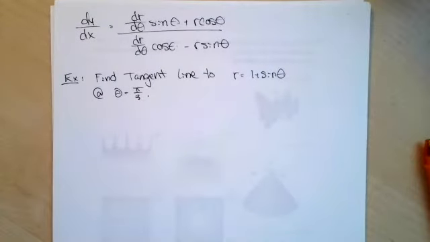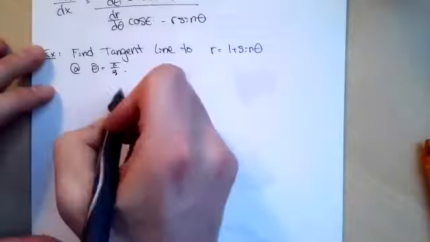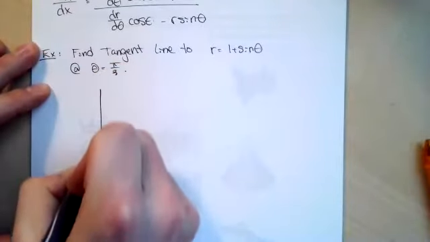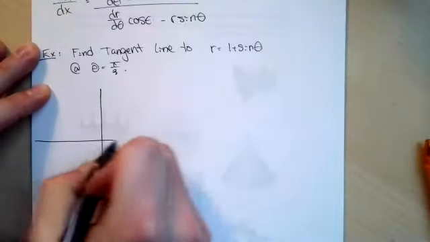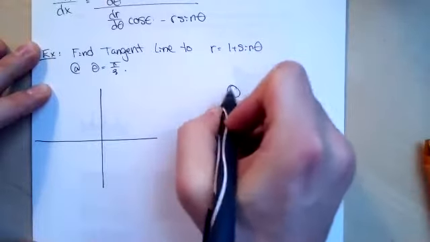So let's do our first step, graph it, so we can practice that skill. For 1 plus sine theta, let's put our graph over here and then put a table over to the right.